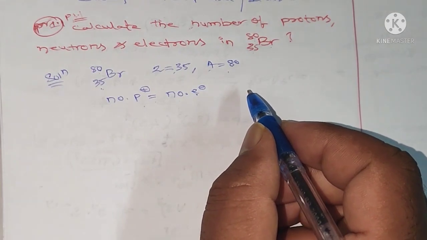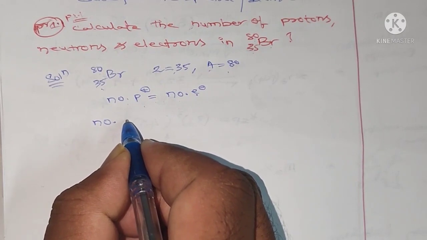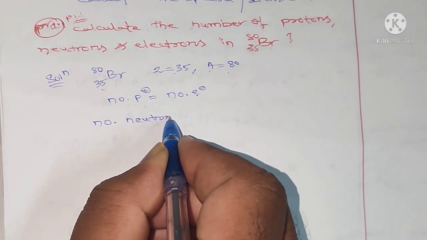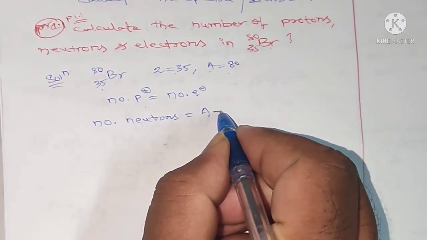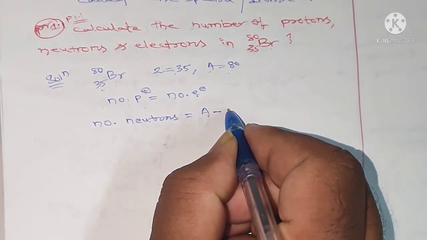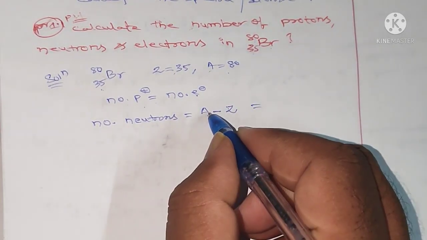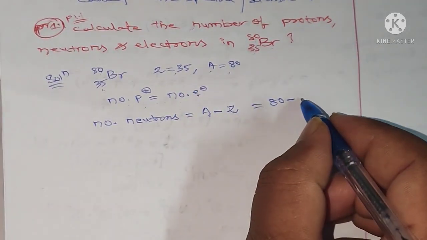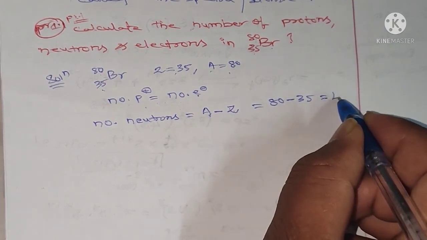And we know the formula to find the neutrons. Number of neutrons is equal to mass number minus atomic number, that is A minus Z, which is 80 minus 35, equal to 45.